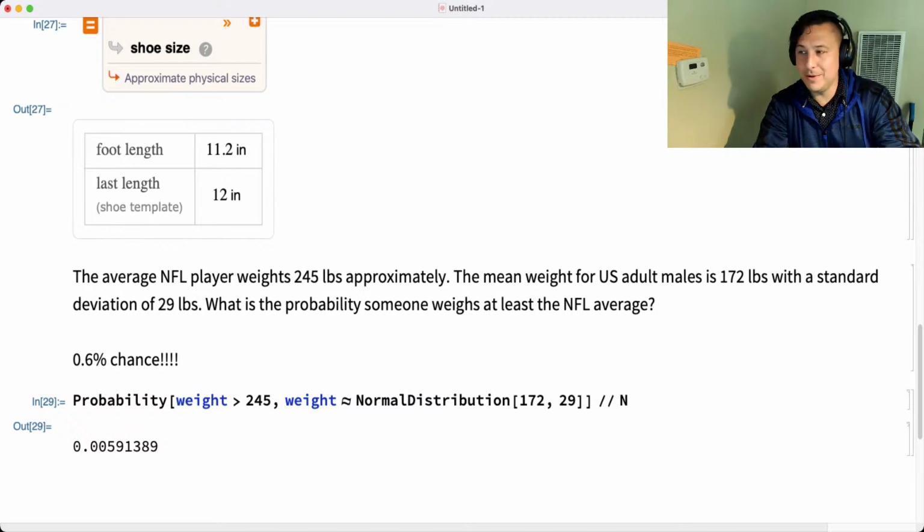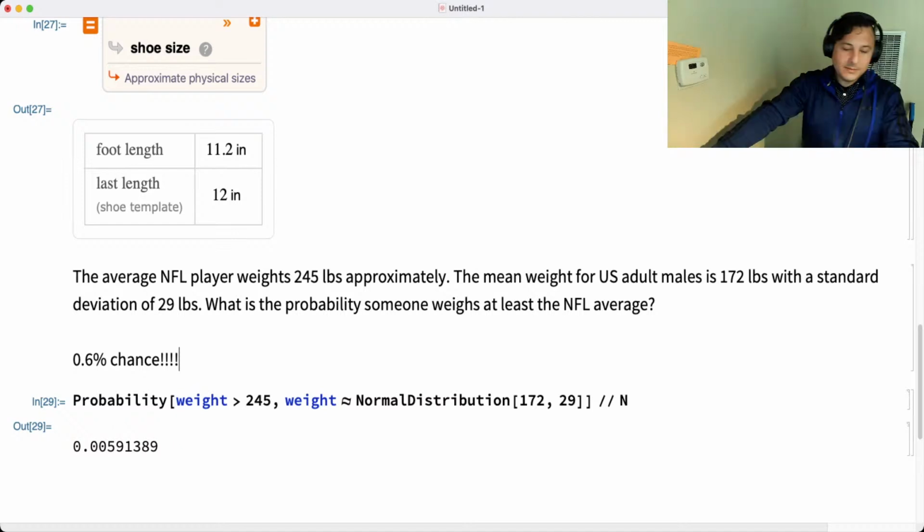If you look at the men in the NFL and their weight, being average there puts you in the top 0.6% of all males. So they are rather large, if you're just looking at their weights. So here's my question. Does it make sense how you use the commands to figure this out? That's what I want to know at this point.